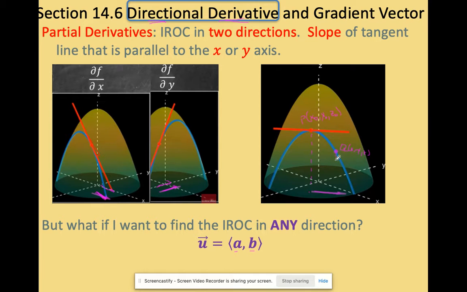Now remember, I'm projecting down onto the xy plane. So when I project down onto the xy plane, I have vector p prime q prime. But vector p prime q prime is parallel to what I'm calling the directional derivative, isn't it? It depends upon where I put this point.